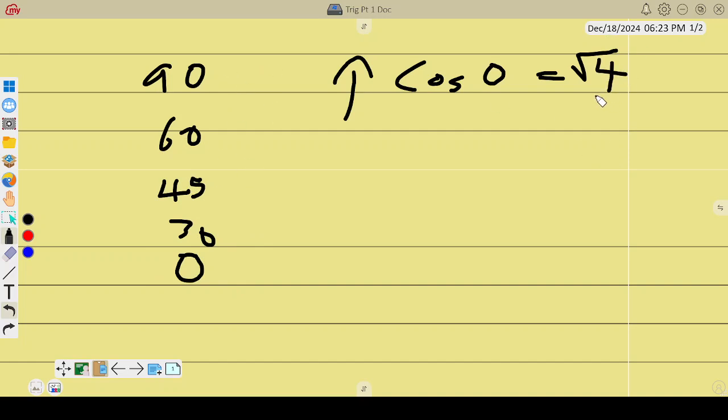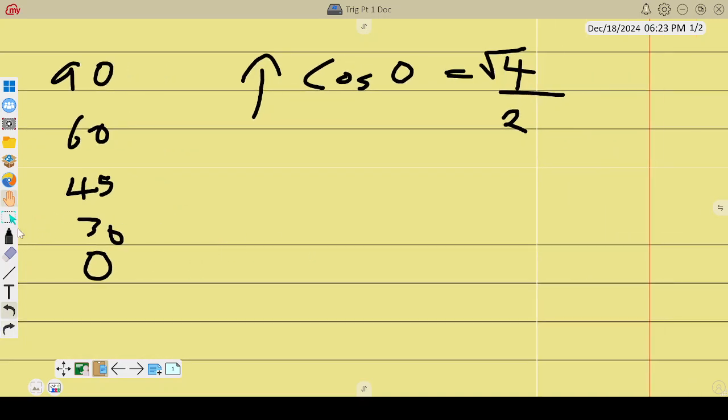So square root of 4 over 2. And the square root of 4 we know it's 2. So we can simplify further where we say 2 over 2, and this will just be a 1. So cos 0 is 1.